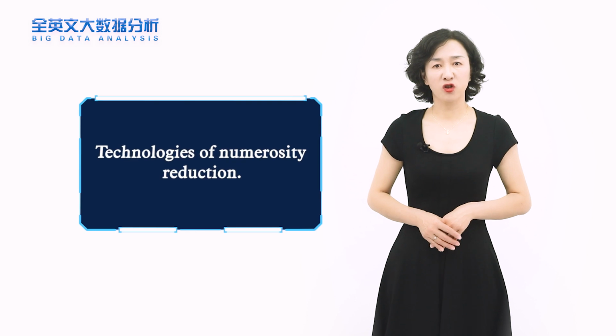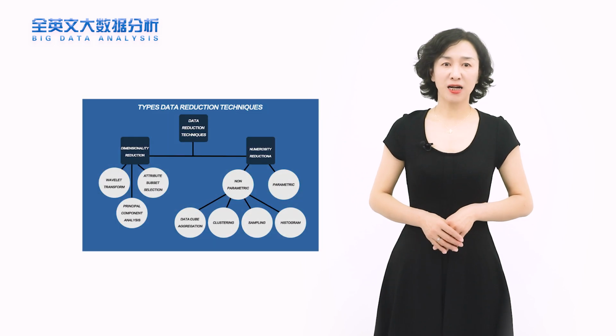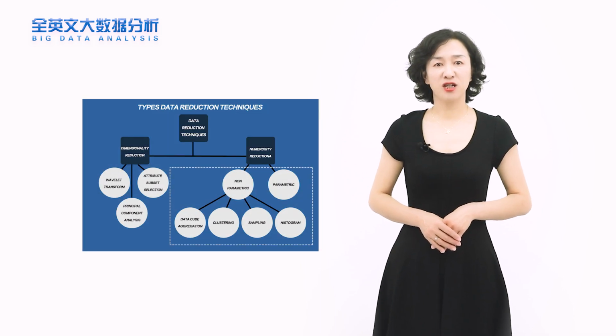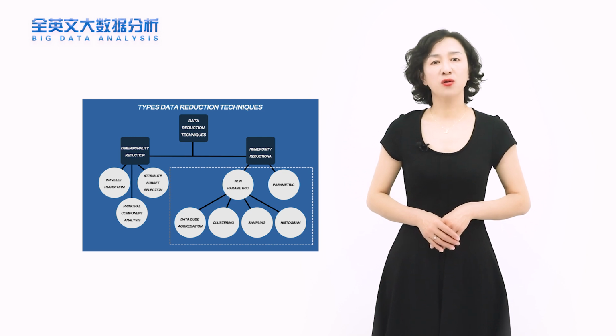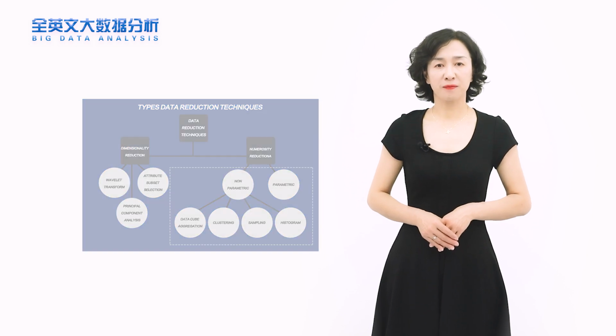We talked about some technologies of dimensionality reduction, and now let's look at some technologies of numerosity reduction. Numerosity reduction uses a smaller dataset to represent the original dataset, or uses shorter data units, or uses data models to represent data to reduce the amount of data.